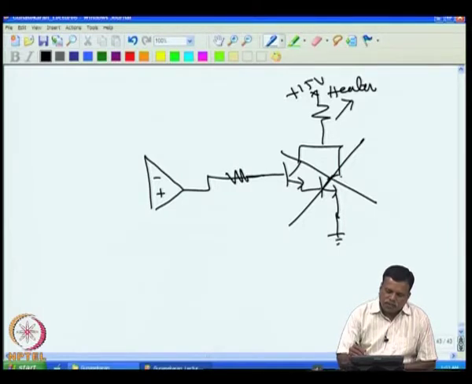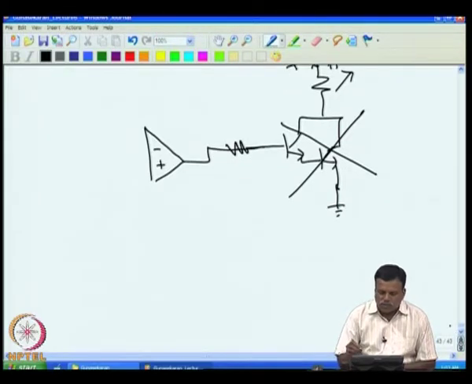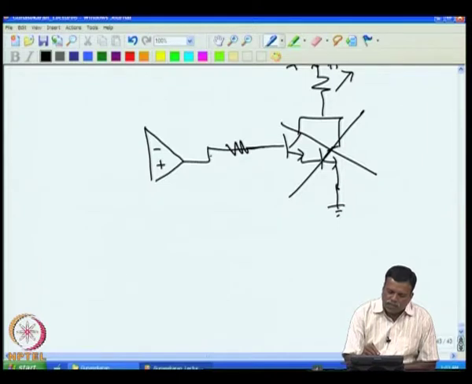So, if I want a heater voltage higher than 15 volt, what can we do? We have to make sure the voltage change here produces a linear voltage change at this point.